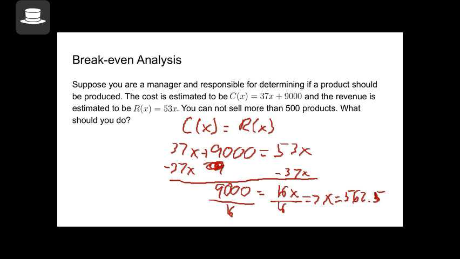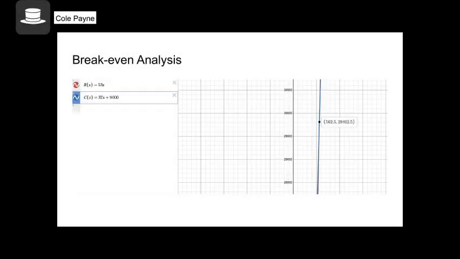But we have the condition that we can't sell more than 500 products, so therefore we should not produce. We would be losing money if we sold anything less than 562 or 563 items, so we shouldn't produce this item.